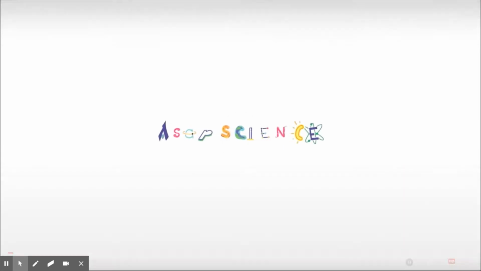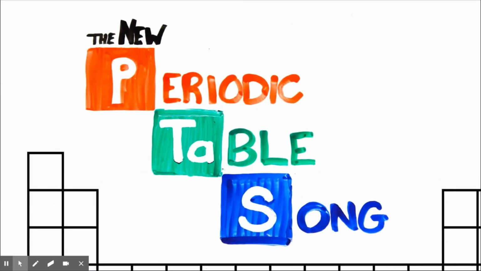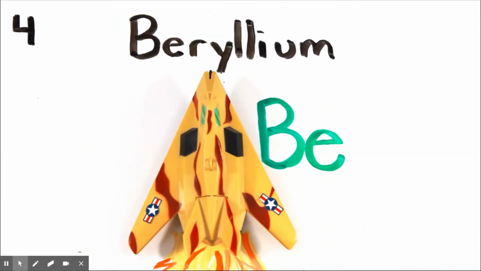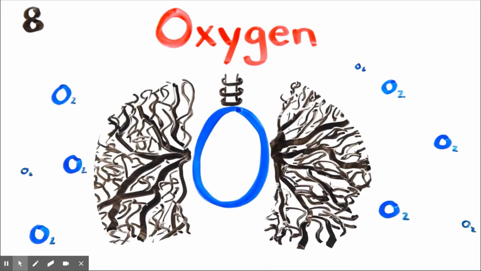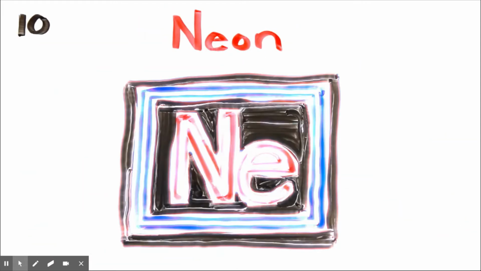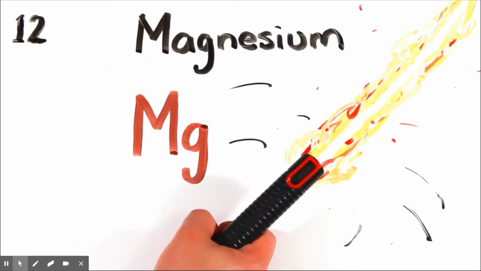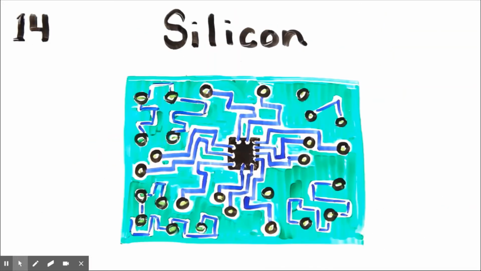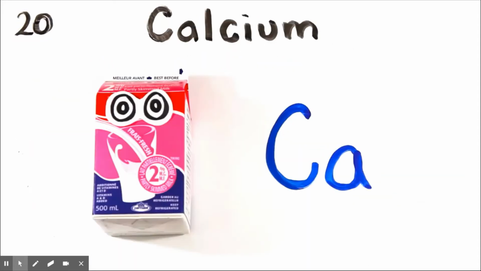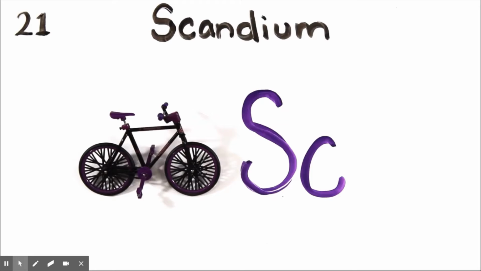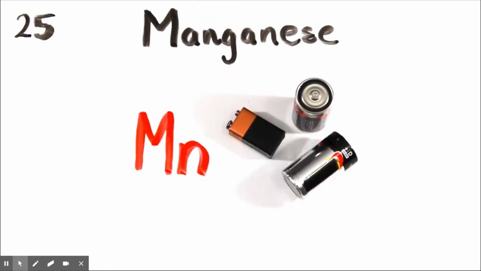You guys might have heard this song before. This one's fun. Now, ASAP Science presents the elements of the periodic table. There's hydrogen and helium, then lithium, beryllium, boron, carbon everywhere, nitrogen all through the air with oxygen so you can breathe, and fluorine for your pretty teeth, neon to light up the sign, sodium for salty times, magnesium, aluminium, silicon, phosphorus, then sulfur, chlorine, then argon, potassium, and calcium so you'll grow strong, scandium, titanium, vanadium, and chromium, and manganese.